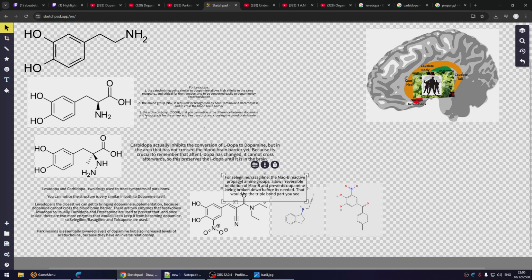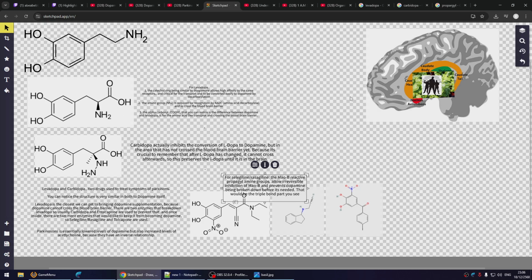Thirdly, which I notice is different from dopamine to levodopa, is the alpha carboxyl, the carboxylic acid right here. You can notice there's a difference between dopamine and levodopa right here. And it's for the amino acid-like transport and crossing the blood-brain barrier.